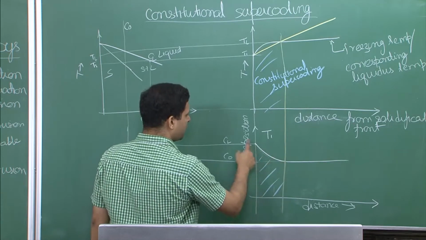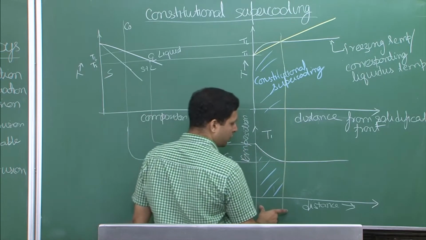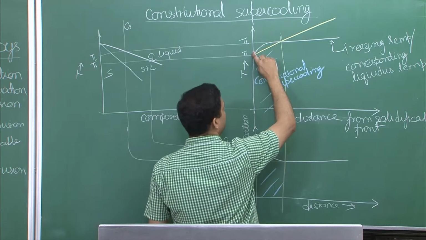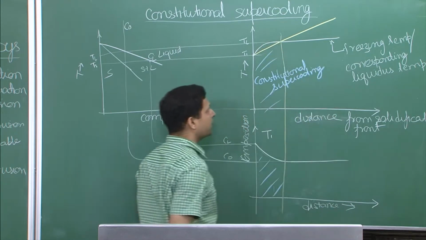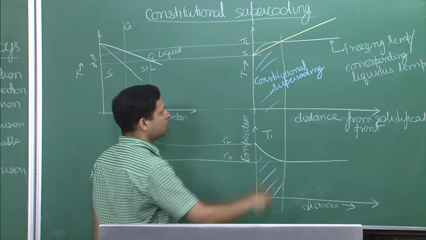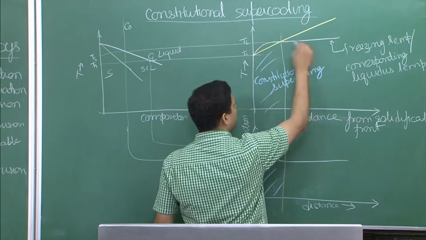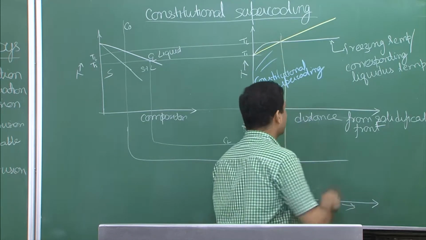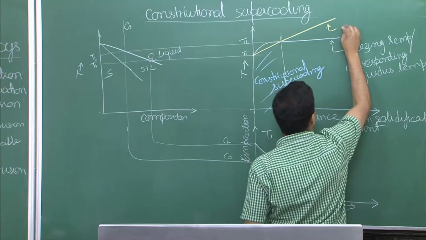Now, this is the composition that is varying with distance. For each composition there is a liquidus temperature which has been plotted, or the freezing temperature. So now the freezing temperature looks like this, and when you draw the actual thermal gradient, this is the actual thermal gradient inside the liquid.